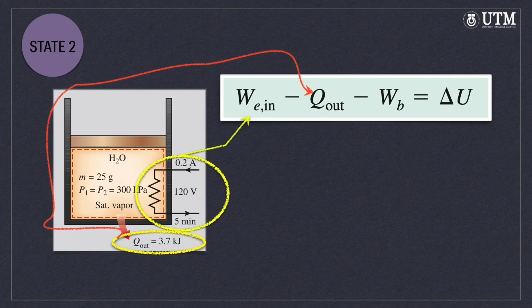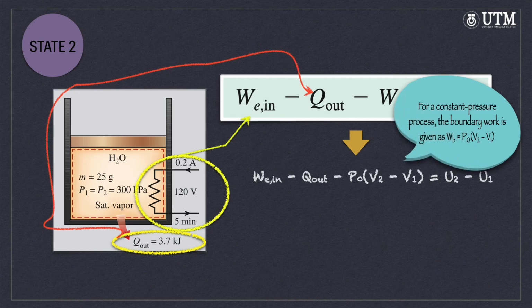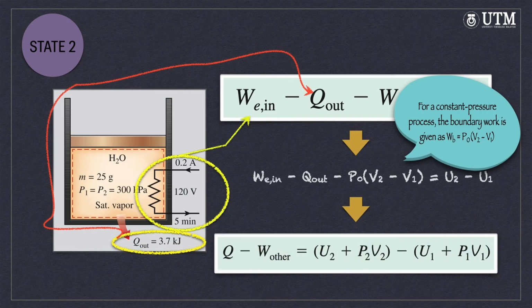For a constant pressure process, the boundary work is given as W boundary equals P multiplied by V2 minus V1. Also, H equals U plus PV. The equation reduces to the following form.